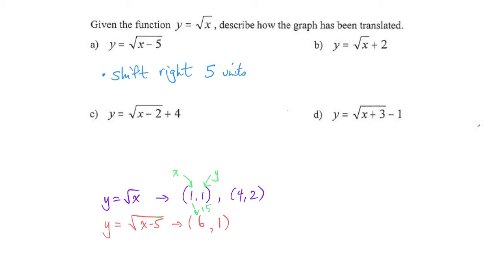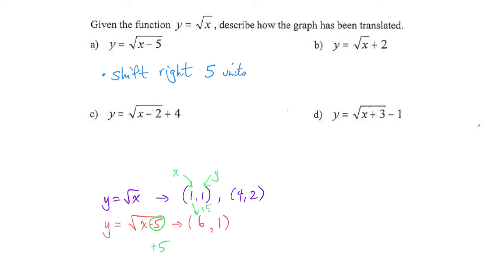Maybe we can see that because I'm going to subtract 5 from my x before I take the square root of it, all of my x values have to be 5 greater to get back to what I used to have. Okay? If I'm going to subtract 5 before I turn it into my function, then my x values have to be 5 bigger than what they used to be to get back to my original. I'm hoping that that generic case makes sense for us.